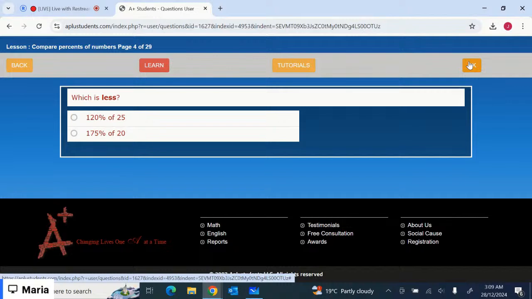Which is less, 120% of 25 or 170% of 20?